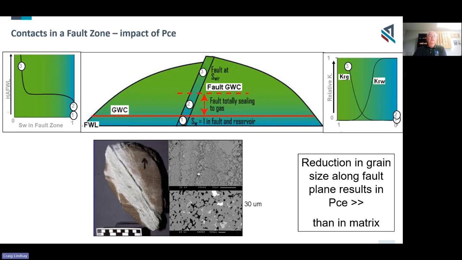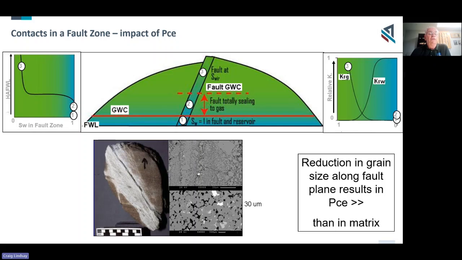And one of the things, again, this can affect barriers in the reservoir. I mentioned that small pores, high entry pressure, well, you can get that same thing in a fault zone where the fault has created very small rock grains. The rock grains have been crushed, the very small pores. They stay water saturated, and so the relative permeability to water is very low.